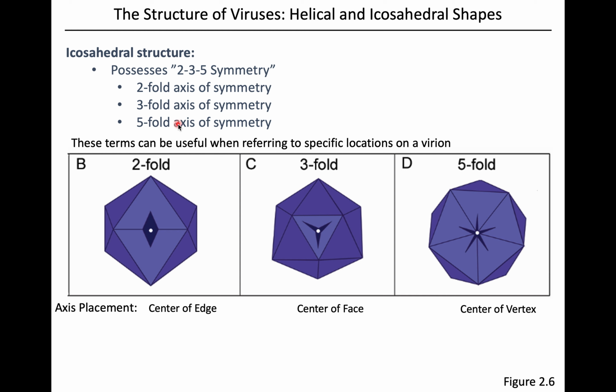What that means is, if a protein on the surface of this icosahedral virion has twofold axis of symmetry, it's located at the center of an edge. Whereas if it has threefold, it would be at the center of a face. If it has fivefold, it would be located at one of those vertices. So you'll see that terminology moving forward. I just want you to be aware of what that meant.